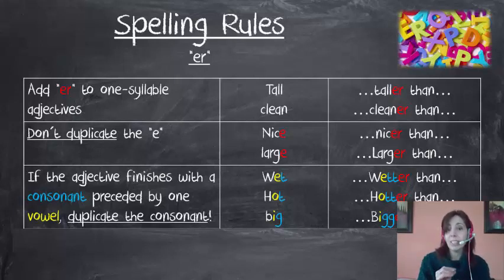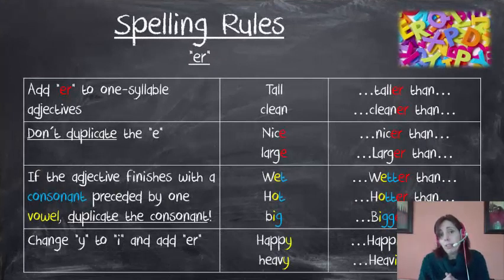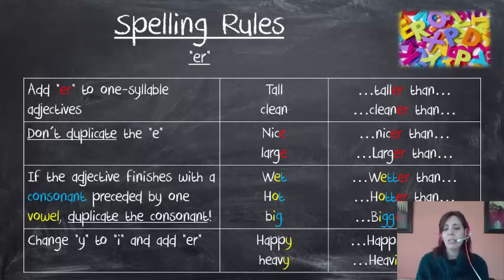So you have wet, wetter, double T. Hot, hotter. Yes, one consonant preceded by one vowel. And then the final rule, if it finishes with a Y, you change it to I, while preceded by a consonant. So you say happier, heavier. It doesn't affect the sound of the comparative. It's a question of spelling.